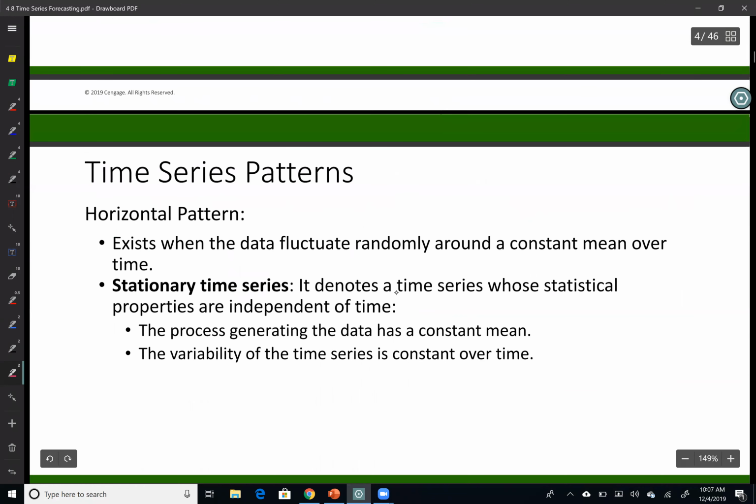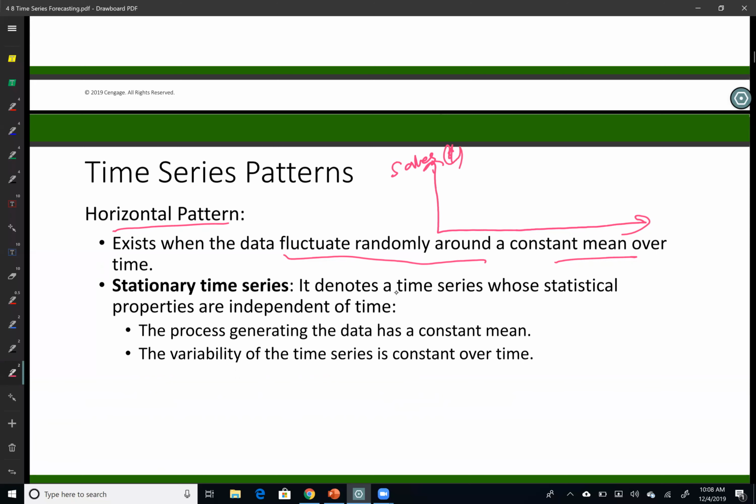So the horizontal pattern occurs when the data fluctuates randomly around a constant mean. What do I mean by that? So let's say this is your data. On your y-axis, you have sales in dollars. On your x-axis, let's say you have time, let's say months.